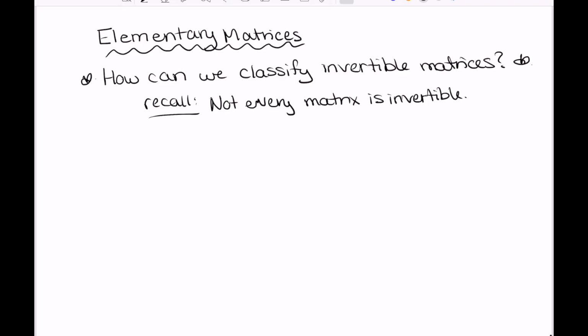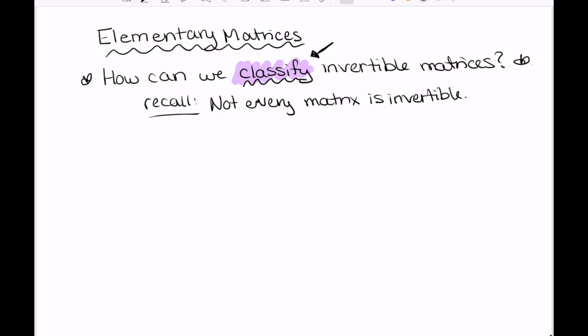So this question of how can we classify invertible matrices is a really common kind of question in mathematics. And in algebra, this classification often comes down to the following idea: what are the building blocks of invertible matrices?